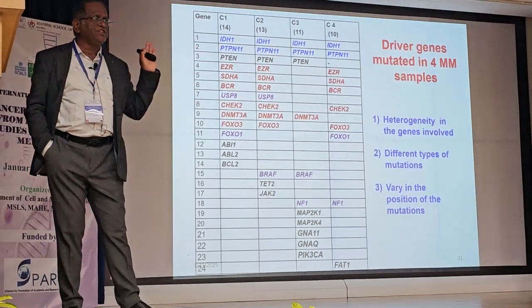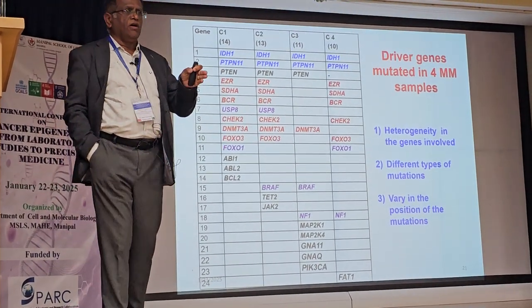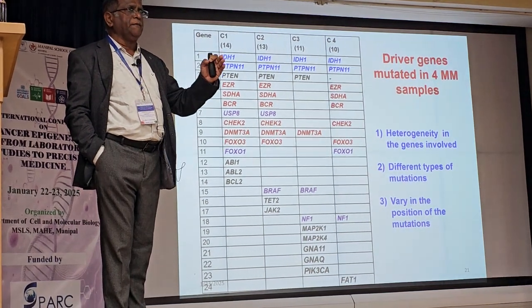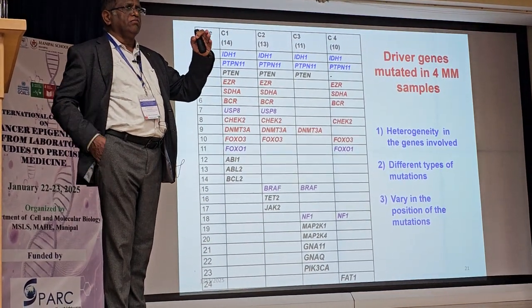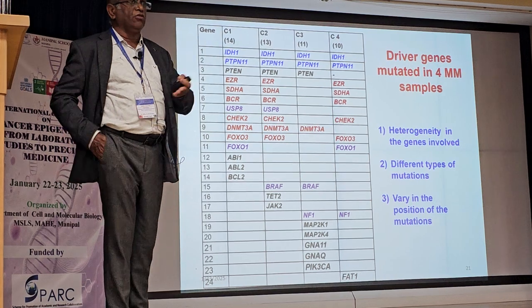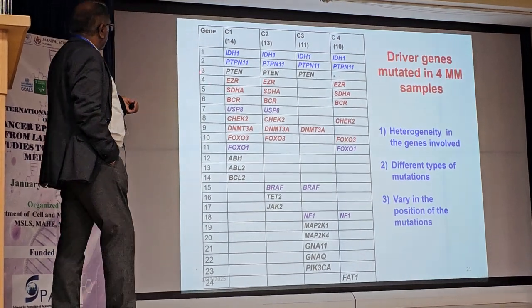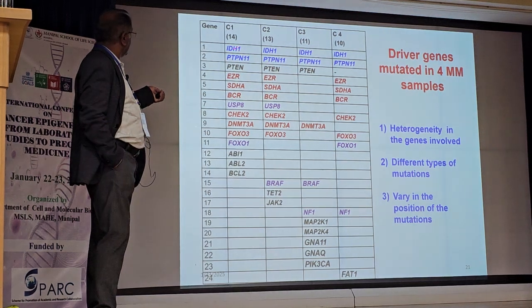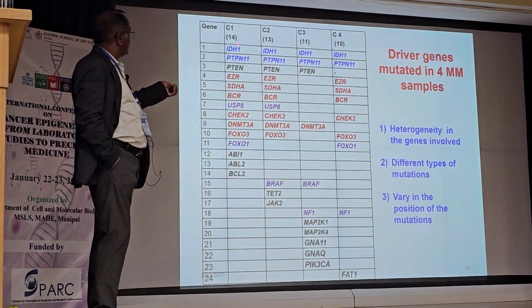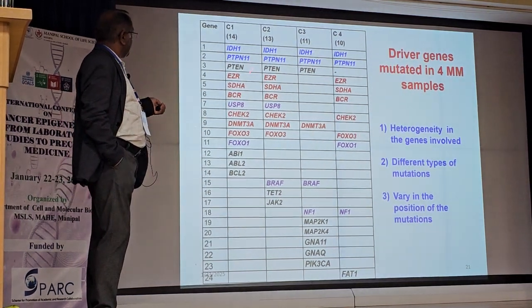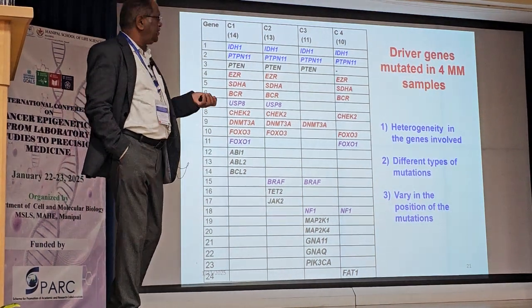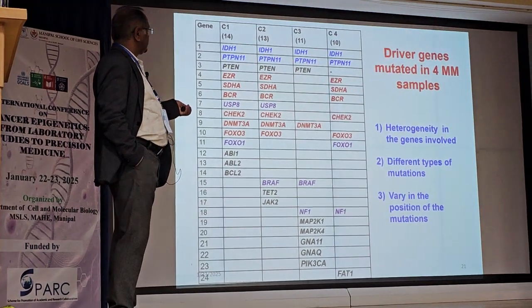There are common genes in these 4 cases. We took care to select samples with more homogeneity by inclusion-exclusion criteria. Different colors are indicated here. There are common genes in all the 4 cases, but we do see different genes defective in different cases.